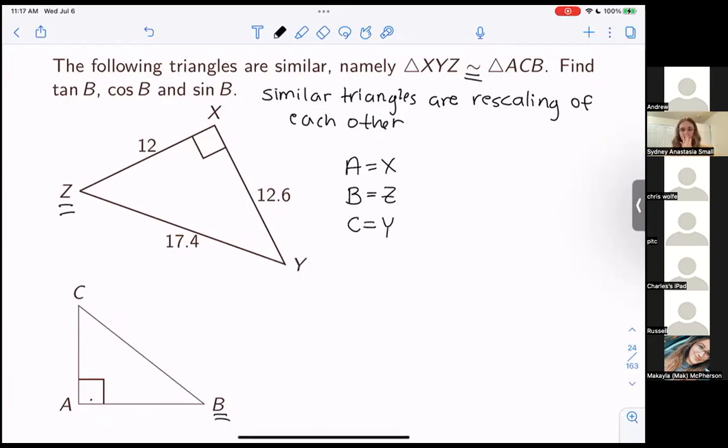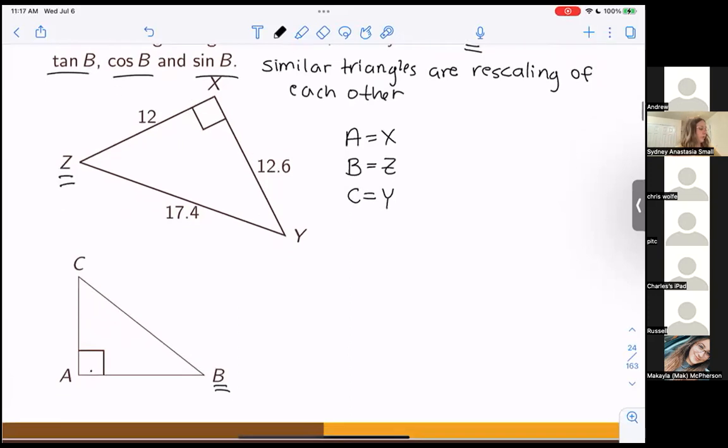This is all the information we need to know in order to compute the tangent, the cosine, and the sine of B, because regardless of how large these sides actually are when we rescale and resize it, the ratios stay the same. And all these trig functions we're using are ratios, ratios of the opposite side to the hypotenuse, ratios of the adjacent to the hypotenuse. So we don't care what their actual length is.